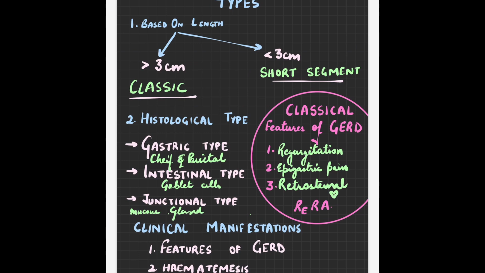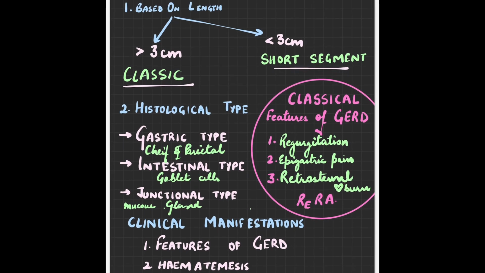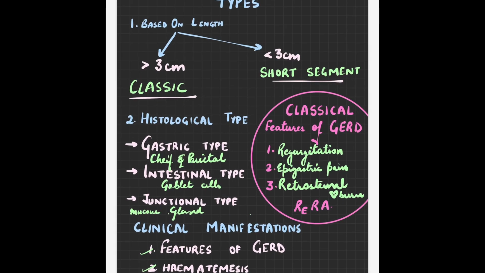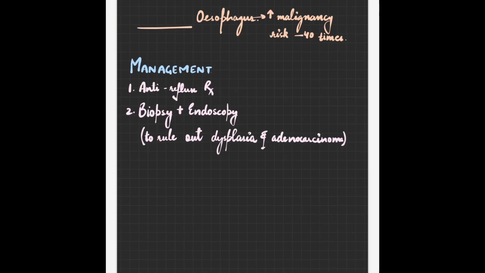Next are hematemesis, and it is also more common in males than females and more common in whites. Now comes the risk of malignancy: Barrett's esophagus increases the risk of malignancy up to 40 times.